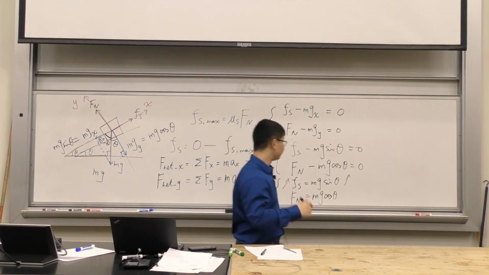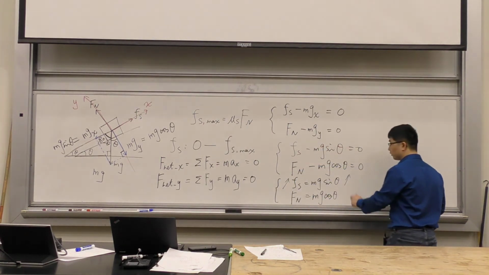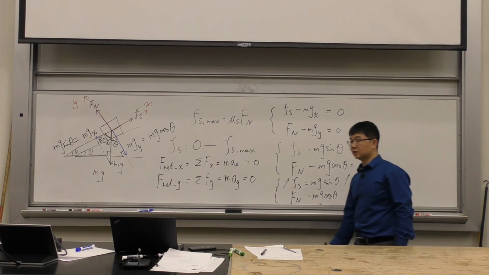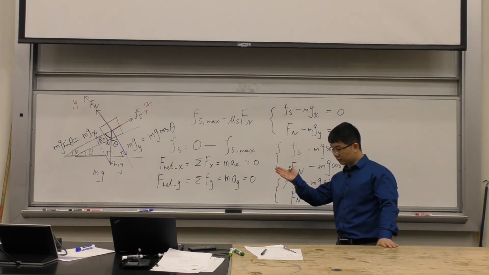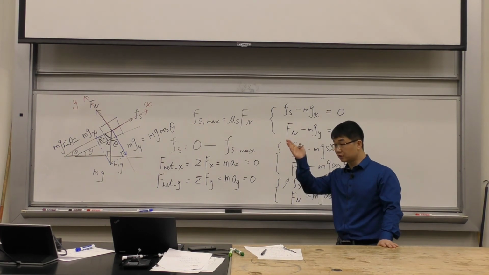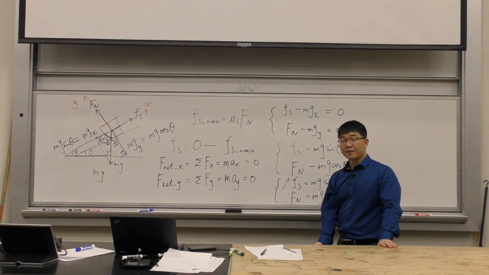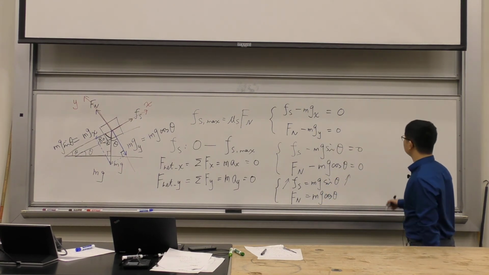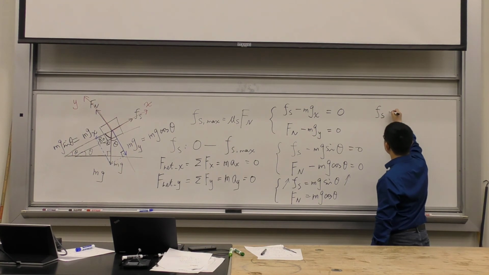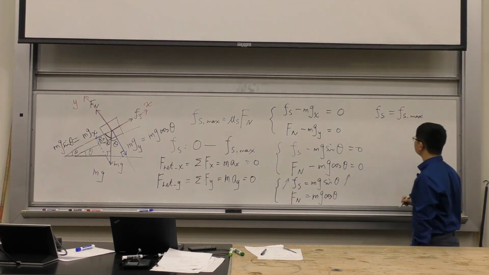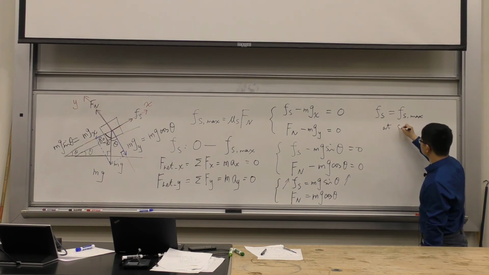So if you can find the critical angle theta, say like 40 degrees, I realize if I raise it very close to 40 degrees, then it's going to start to fall. Before 40 degrees, it stays there. Once I reach 40 degrees, it starts to fall. That's going to be the critical angle. At that critical angle, the static friction force is going to become the maximum.